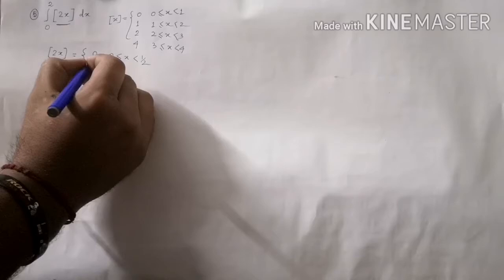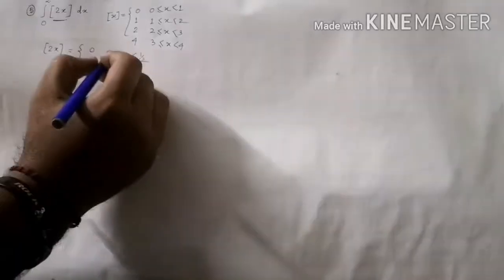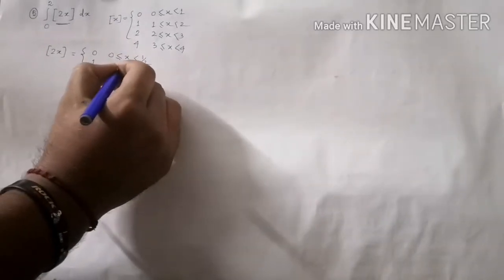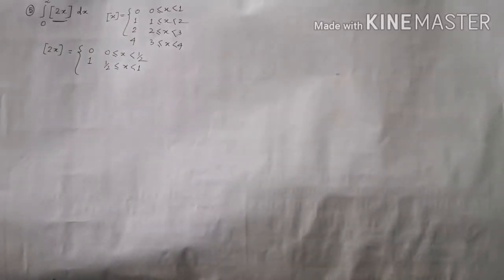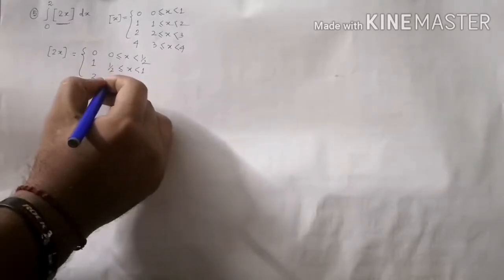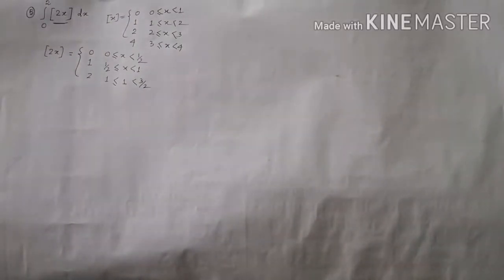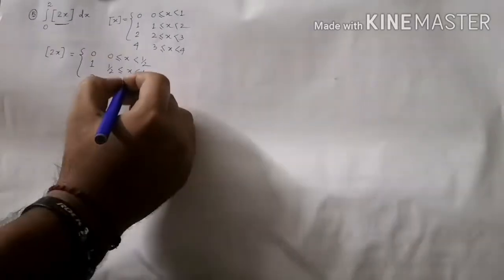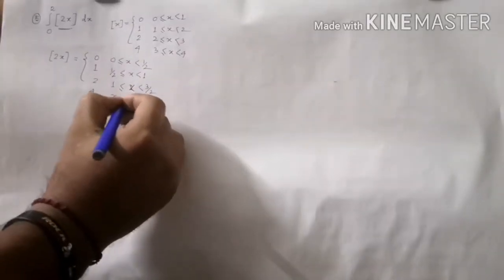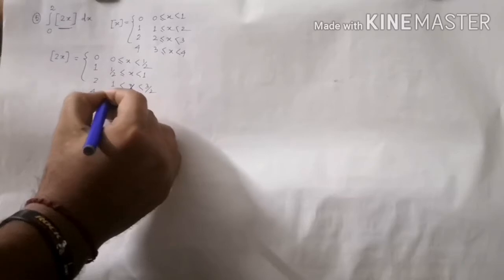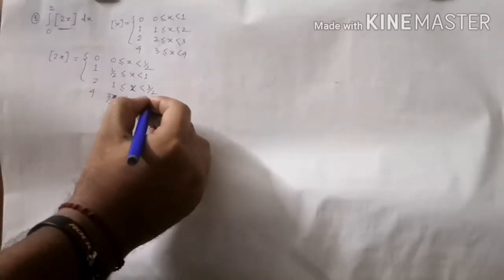And the next, the value of [2x] will be 1 when x varies from half to 1. The value of [2x] will be 2 when x varies from 1 to 3 by 2, and the value of [2x] will be 3 when x varies from 3 by 2 to 2.